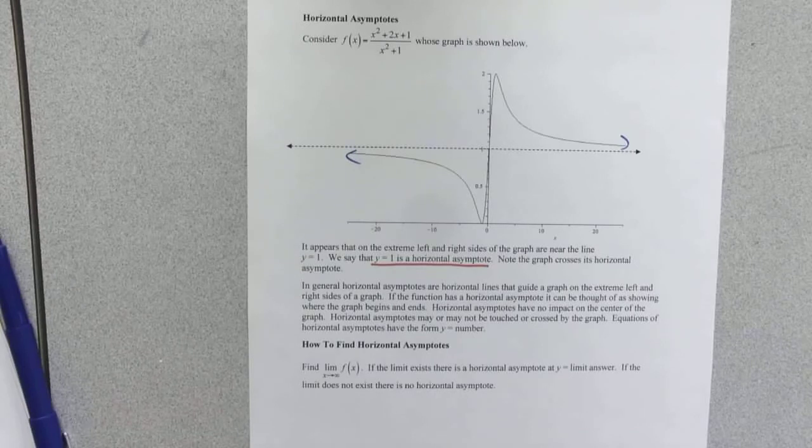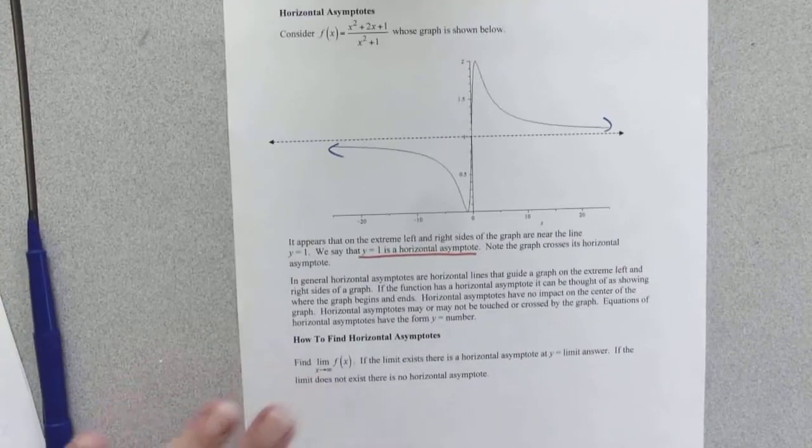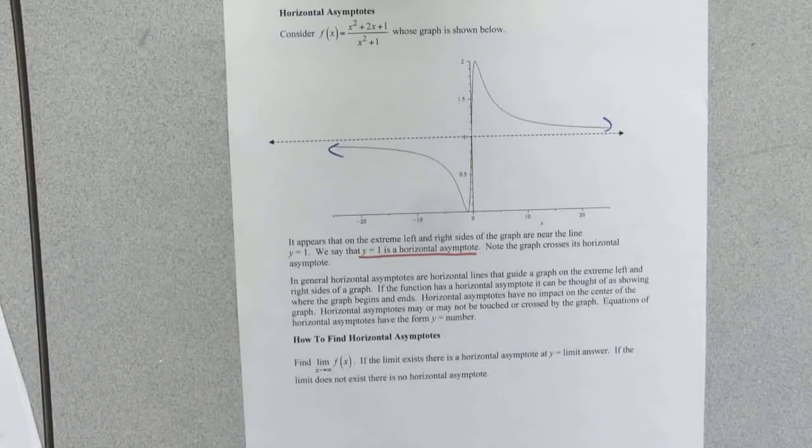Horizontal asymptotes may or may not be touched or crossed by the graph. Equations of horizontal asymptotes have the form y equal number. And again, I'm going to be picky: if I ask you to give me the equation of the horizontal asymptote and you just write down 1, you aren't going to get full credit. Horizontal asymptotes are horizontal lines. Horizontal lines have the form y equal a number.